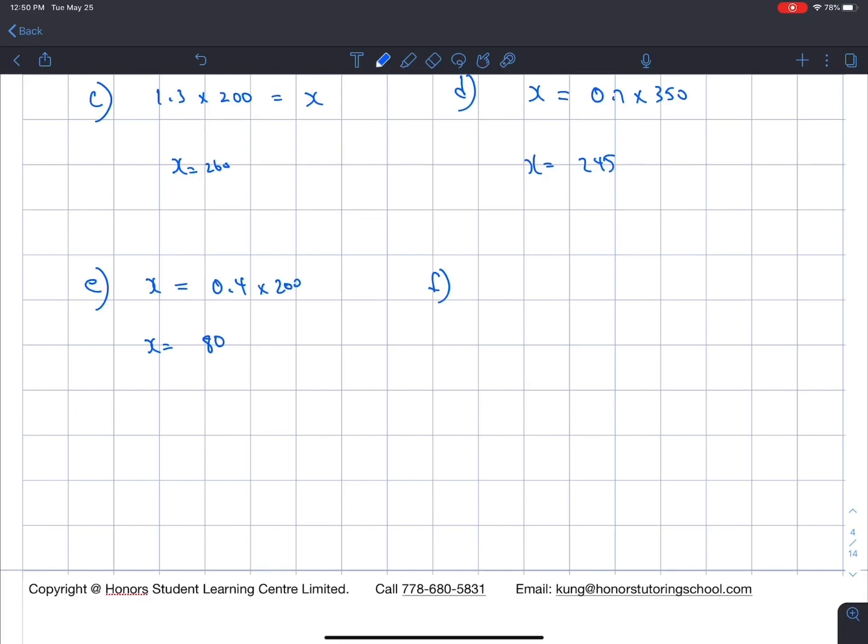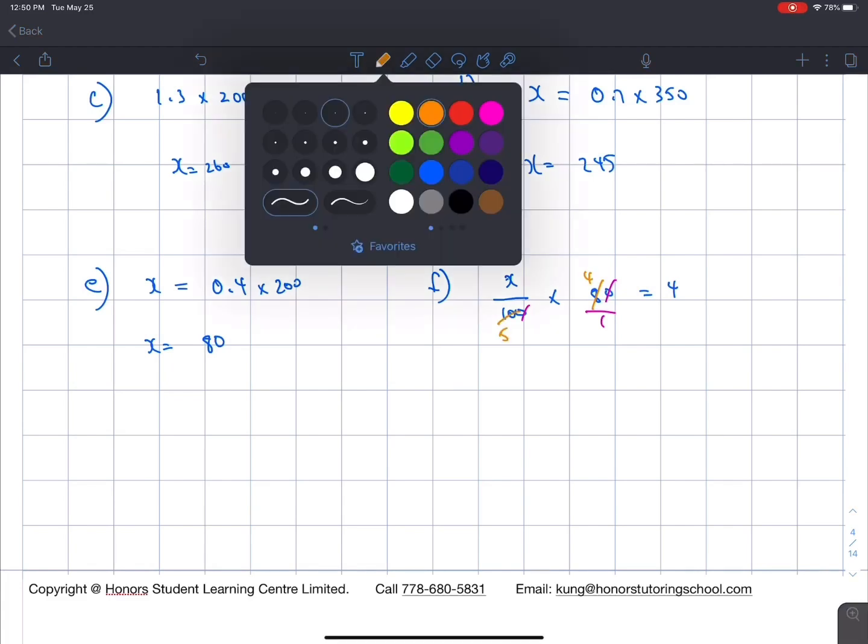F. What means x percent? So out of 100, "of" means times 80, "is" means equals to 40. Okay, so we can simplify first. Put this as 80 over 1, cross out the 0. Divide 8 by 2 to get 4, divide 10 by 2 to get 5.